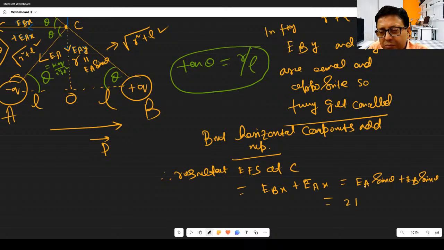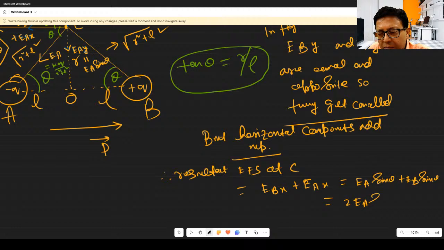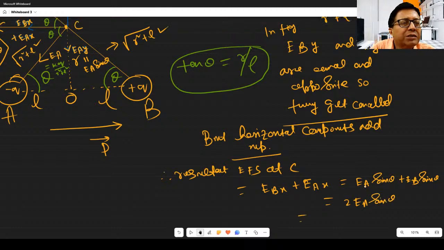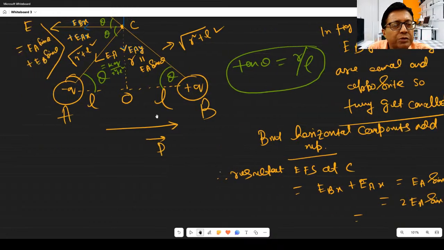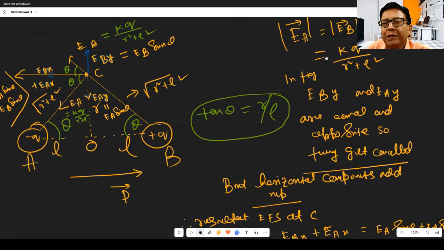EA is how much? That we have calculated. I have written the value also. Here, EA and EB have the same magnitude.